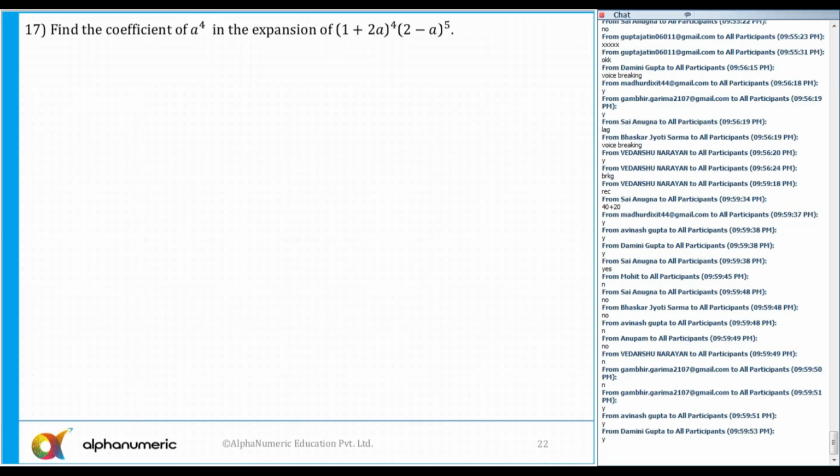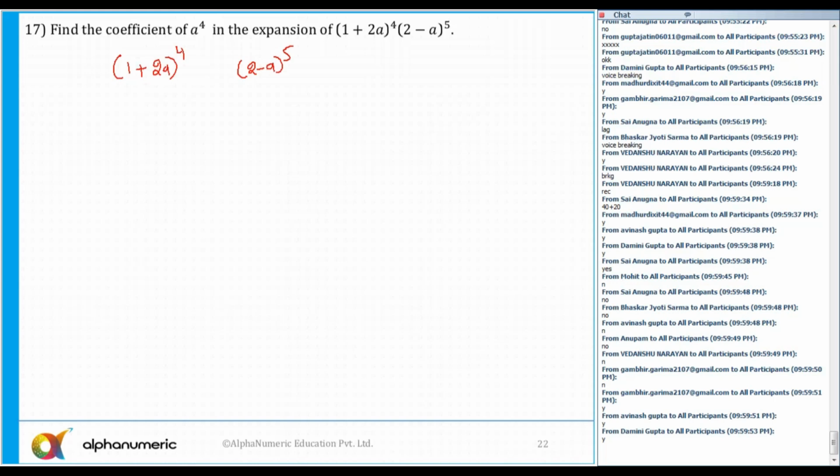I need to find out the coefficient of a raised to power 4 in this product. Either you can use the coefficient, or I can say (1 plus 2a) raised to power 4 into (2 minus a) raised to power 5.